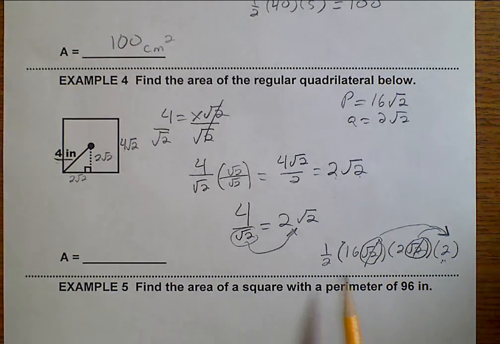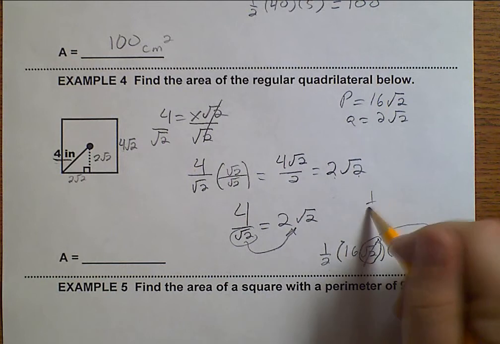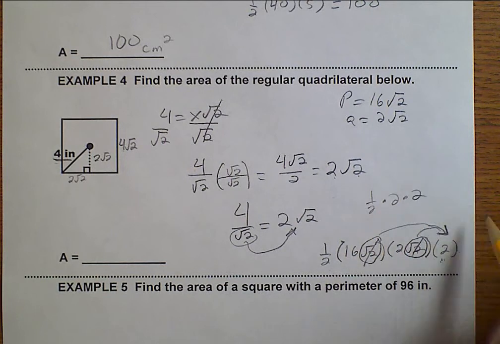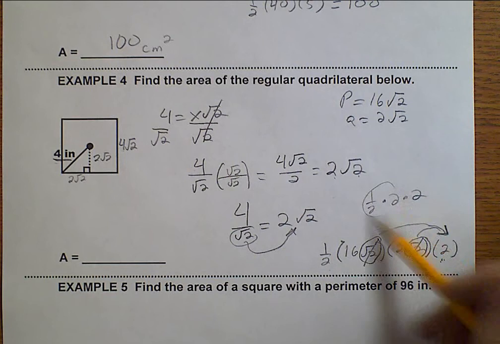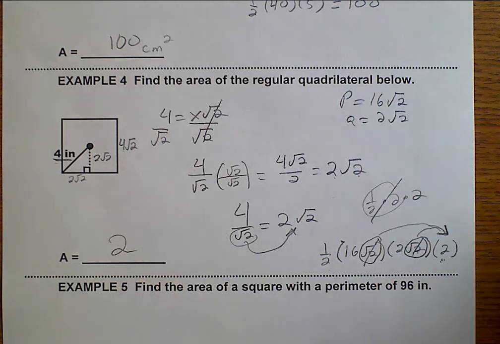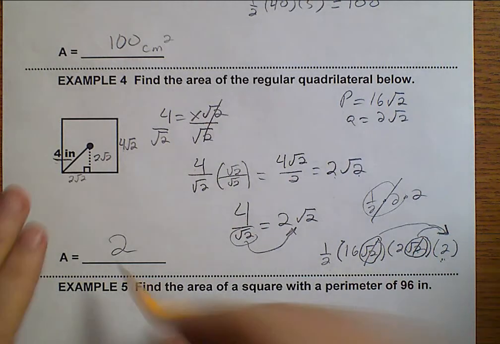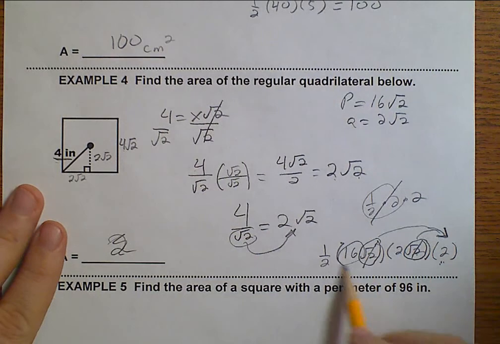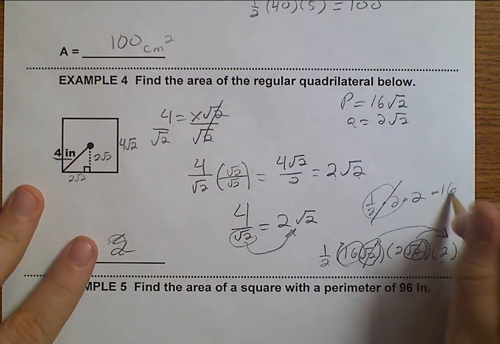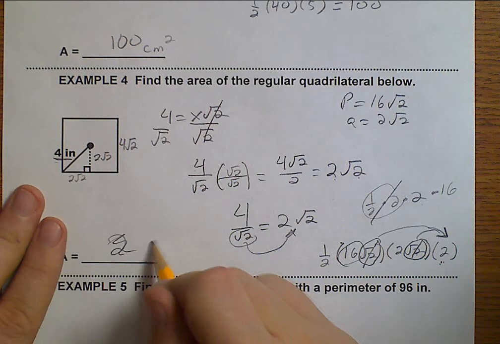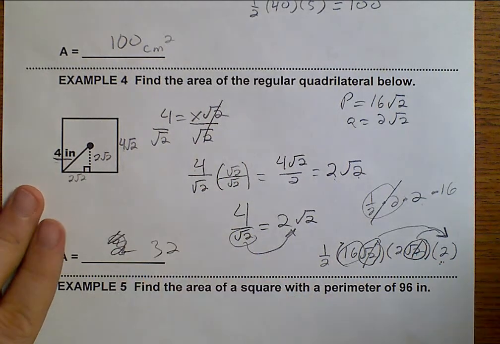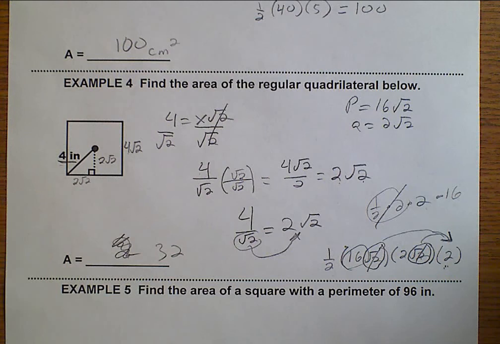So I do 1/2 times 2 times 2. 1/2 and 2 cancel, leave me with just an area of 2. Hold on, I forgot that 16. 2 times 16 is 32. I thought 2 didn't quite seem right, so yes, I forgot my 16.